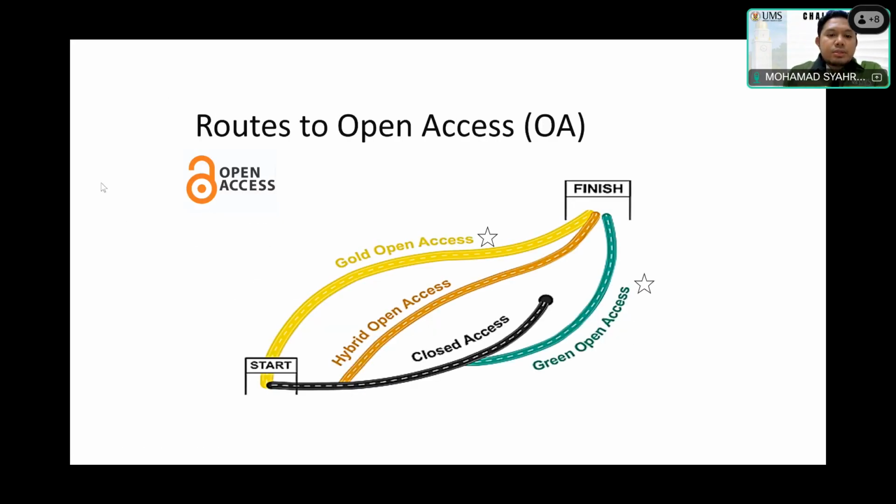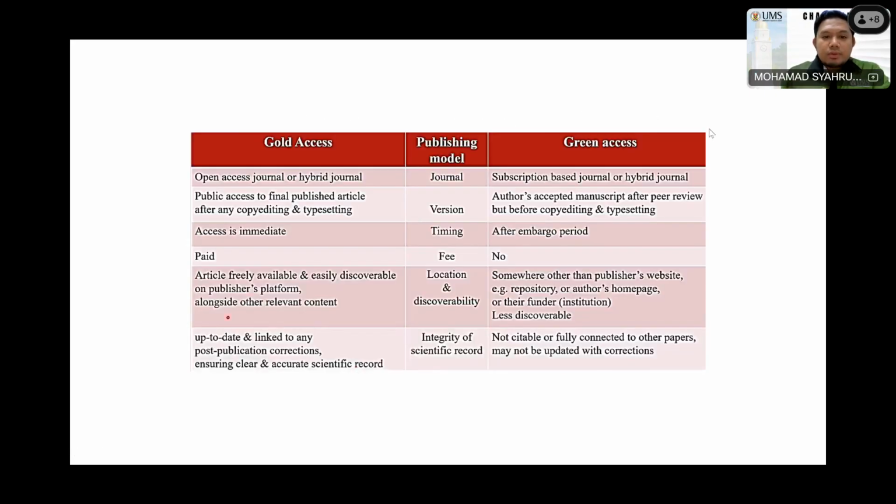These are the routes to open access. We have gold, hybrid, closed, and green; you can check them. I just want to share gold versus green. Gold is an open access journal or hybrid journal, while green is a subscription-based or hybrid journal.